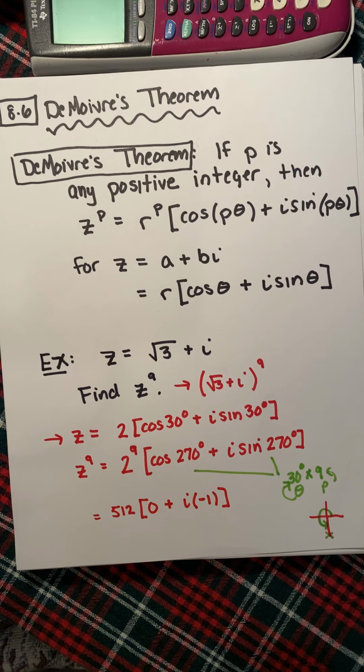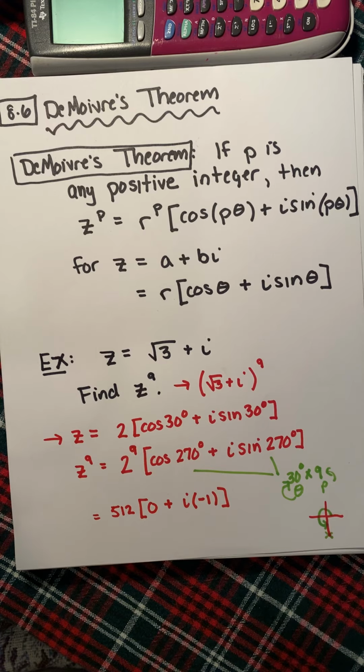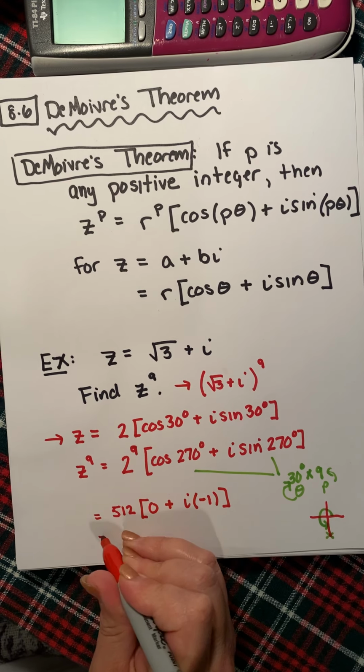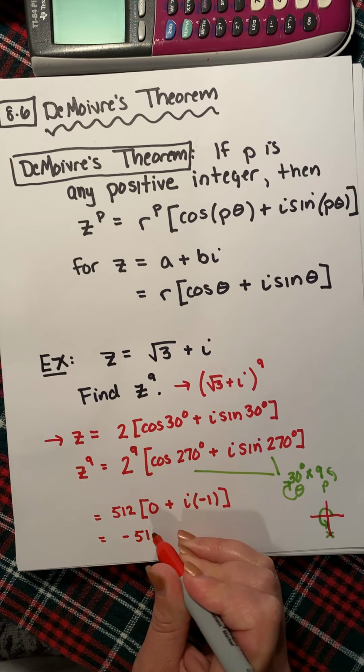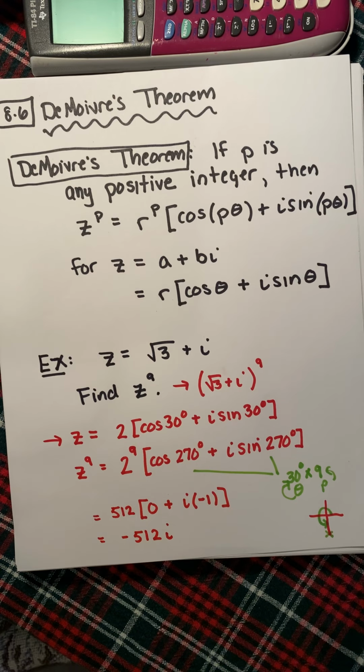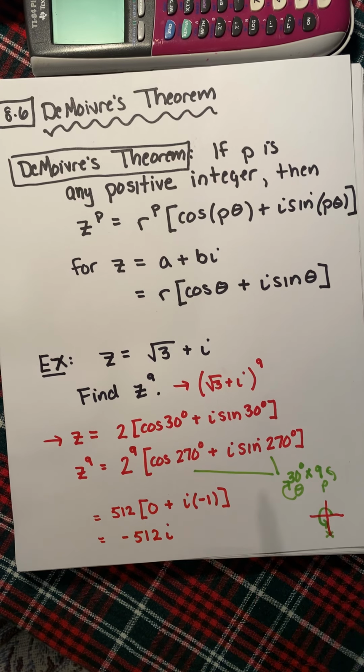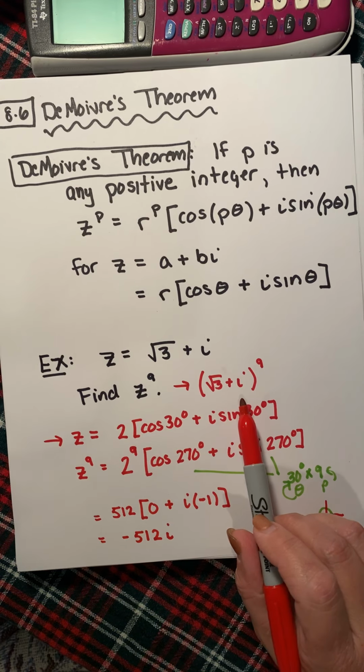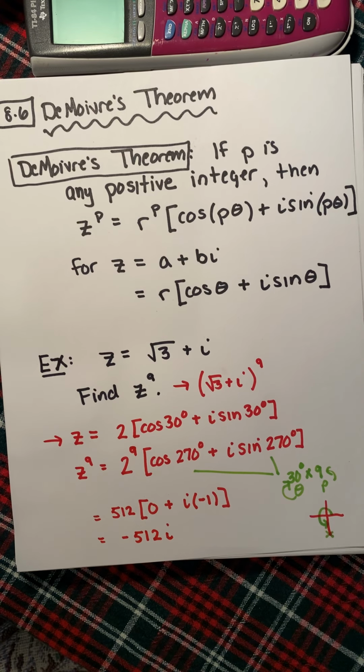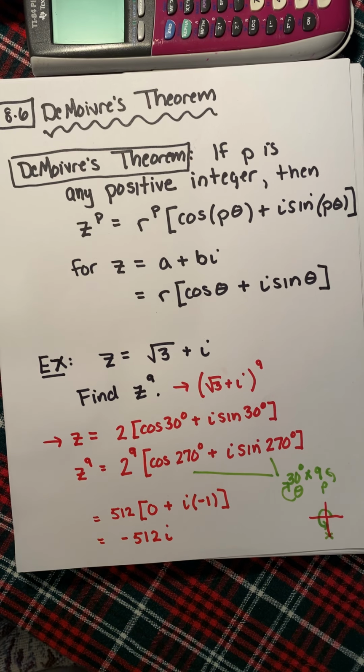So therefore, square root of 3 plus i to the 9th power, well, 0 just cancels out, is going to be -512i. So if you literally multiplied this out, square root of 3 plus i times the square root of 3 plus i times the square root of 3, and just kept doing it in chunks, it would all reduce down to -512i. Cool little theorem.